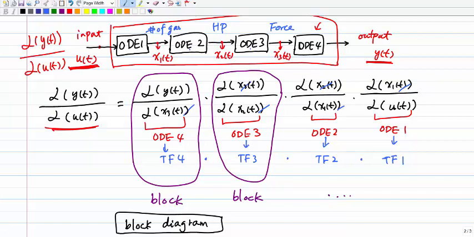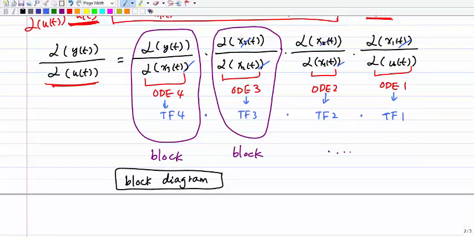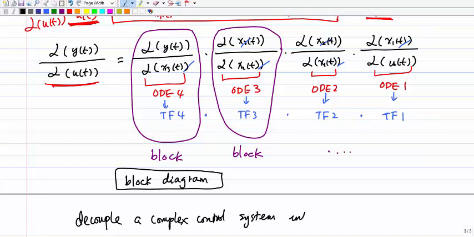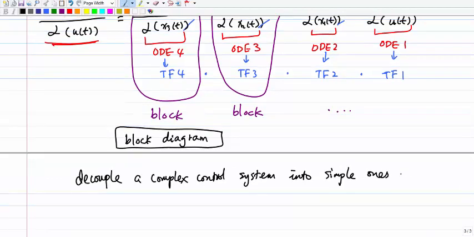This sort of idea is called a block diagram, which means I can represent the system as different blocks. I only have to figure out each block individually, and then by looking at the relationships and aggregating the blocks together, I can find a transfer function. The nice thing for the block diagram is I can decouple a complex control system into simple ones that are connected.